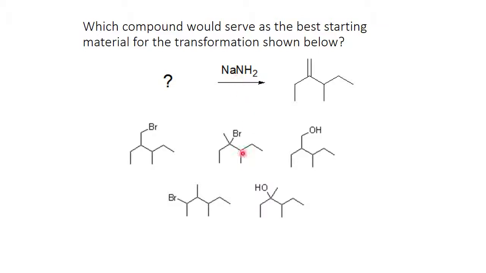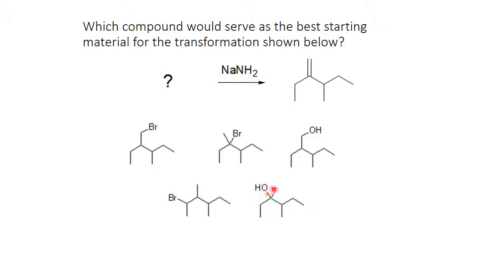If I use the strong base on this compound, I'm going to form a more substituted alkene. If I use a strong base on this compound, I'm going to get a double bond right here.